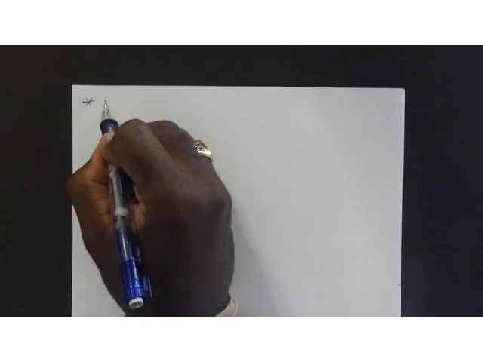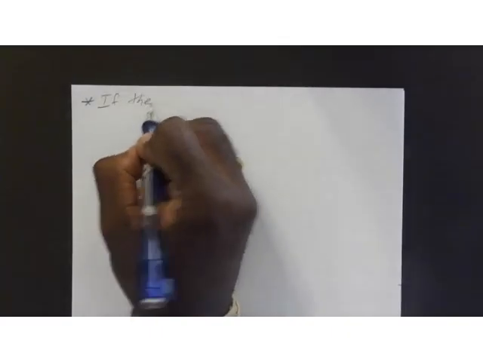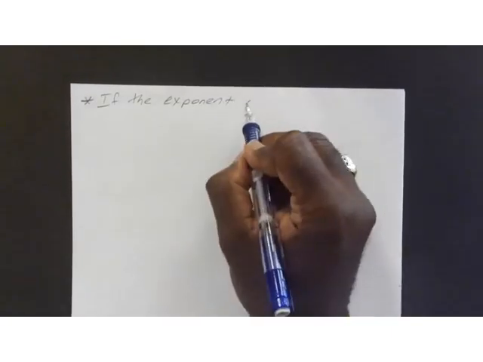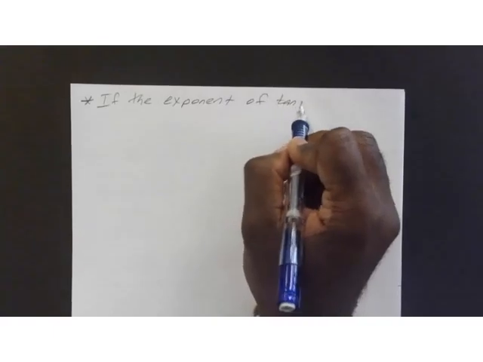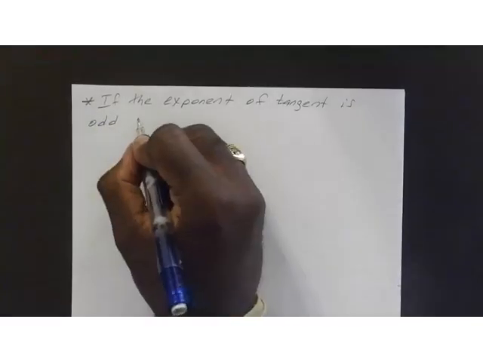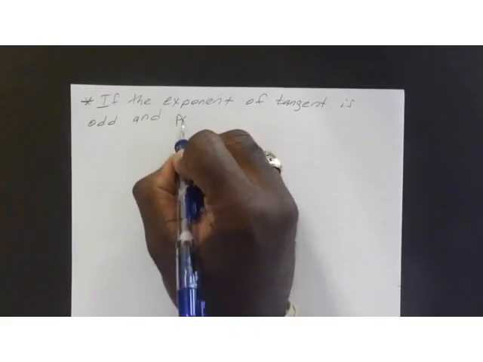Okay. So we know what to do when the exponent of secant is even and positive. But what if we have that secant and tangent combination and we know the exponent of tangent is odd and positive?